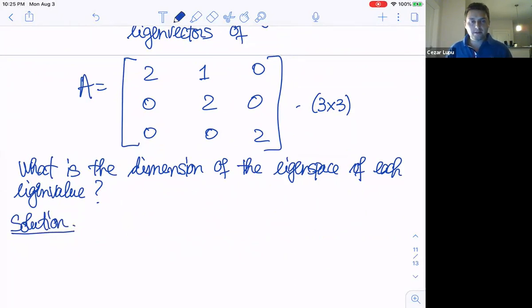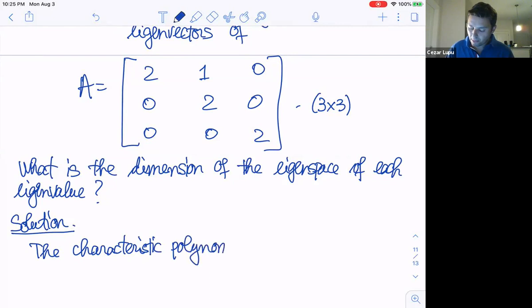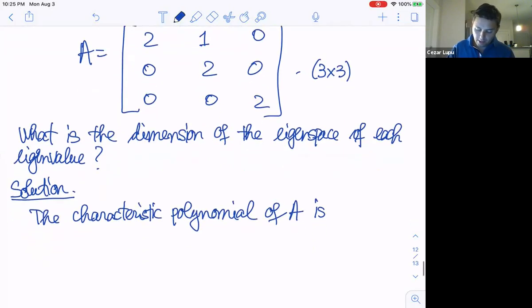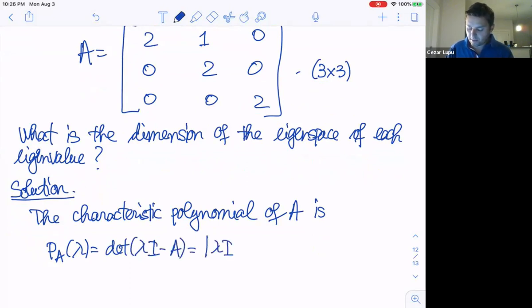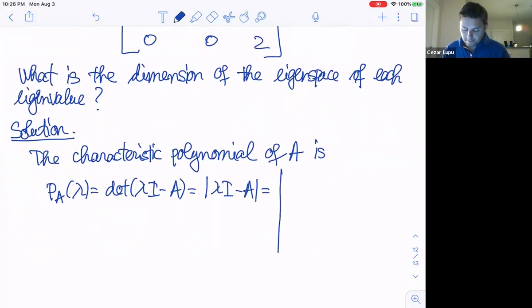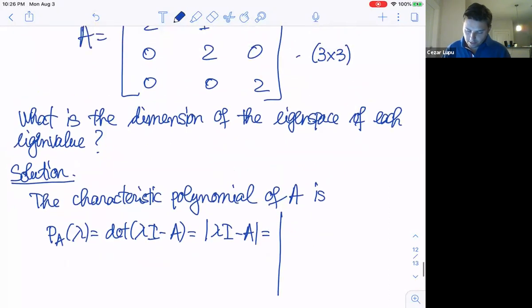Like I said, step one is to write the characteristic polynomial of A. It is given by P_A of lambda, the determinant of lambda times the identity minus A. The matrix A has first row 2, 1, 0.